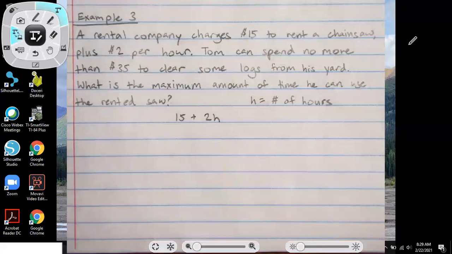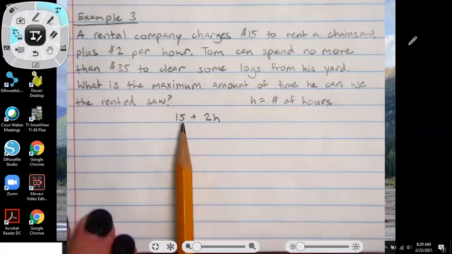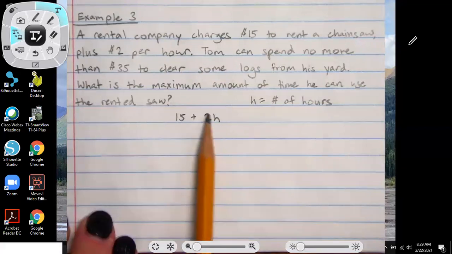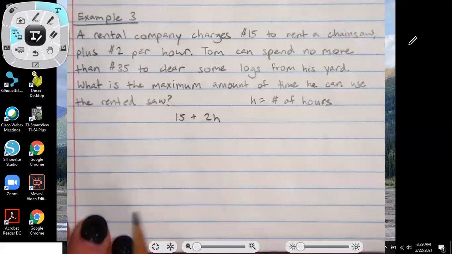Then it tells us that he can spend no more than $35. So if this represents what he is going to spend, then this expression has to be less than or equal to $35.